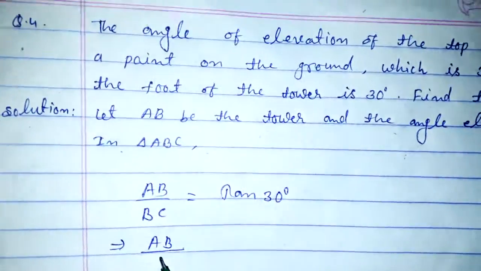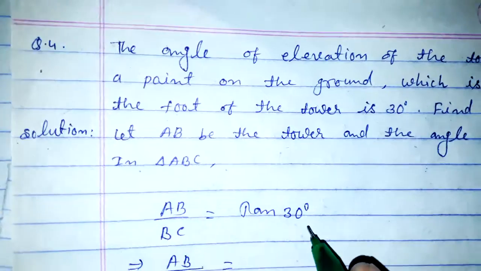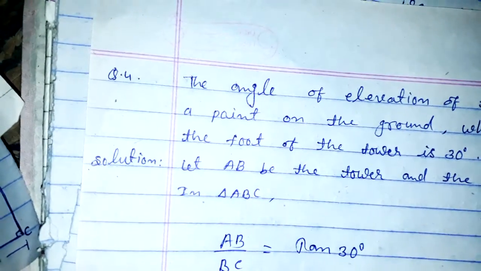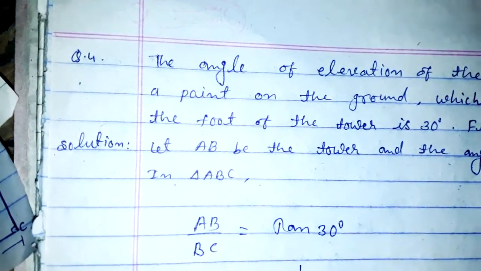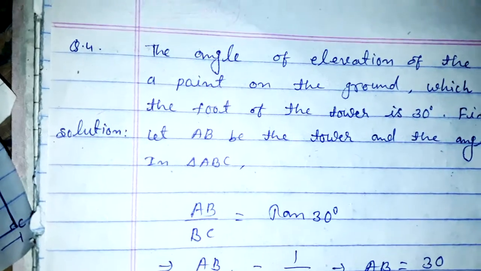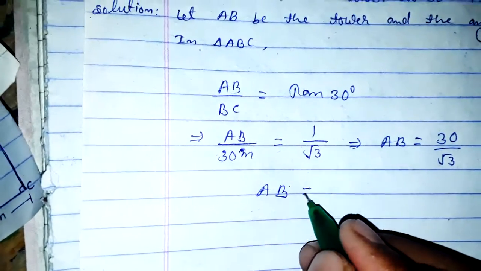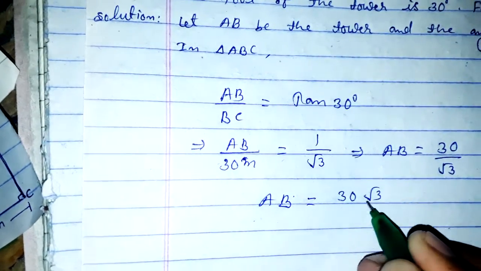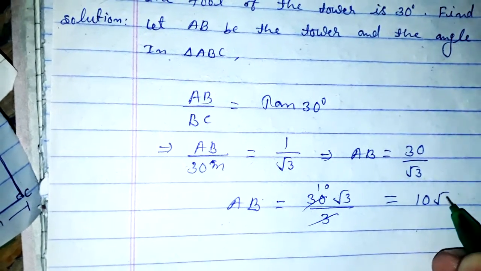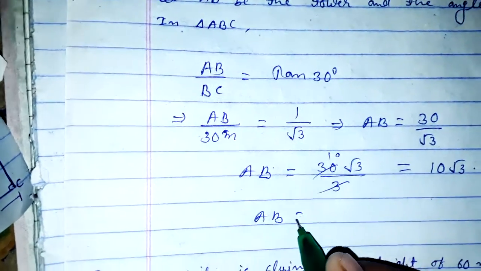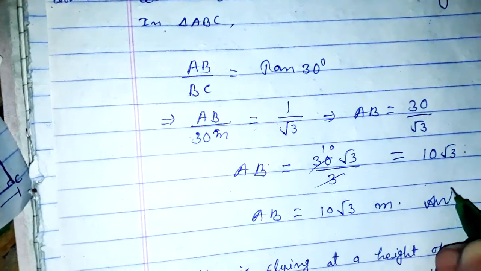BC is 30 meter, and tan 30 is 1 upon root 3. This implies that AB is equal to 30 upon root 3. Rationalize the value. So AB is equal to 30 root 3 upon 3, cancel out, so this is 10 root 3. Here AB is 10 root 3 meter. Answer.